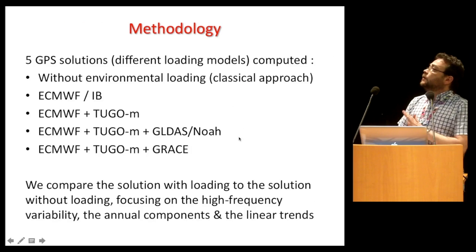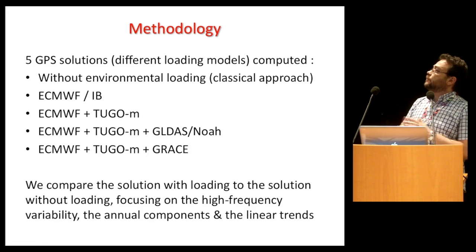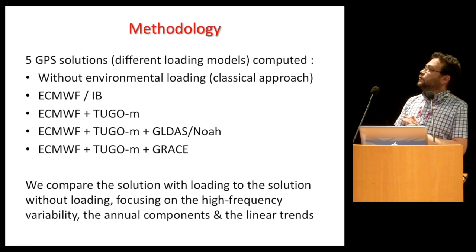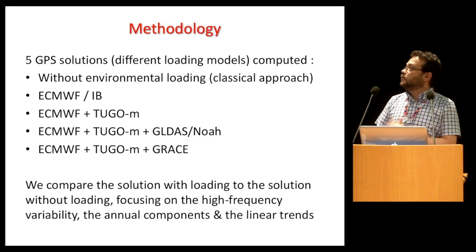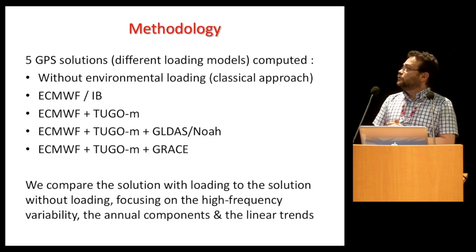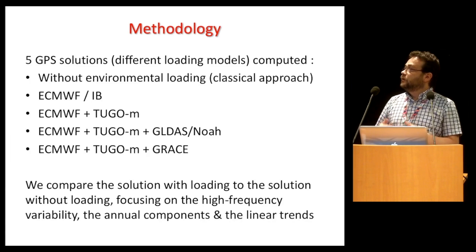So basically, I did 5 GPS solutions with different loading models. The classical solution without modeling any loading, so that's the classical approach. One where I modeled the atmosphere with the IB. The other one with the dynamic ocean model, and the two with the full ECMWF plus ocean plus hydrology.